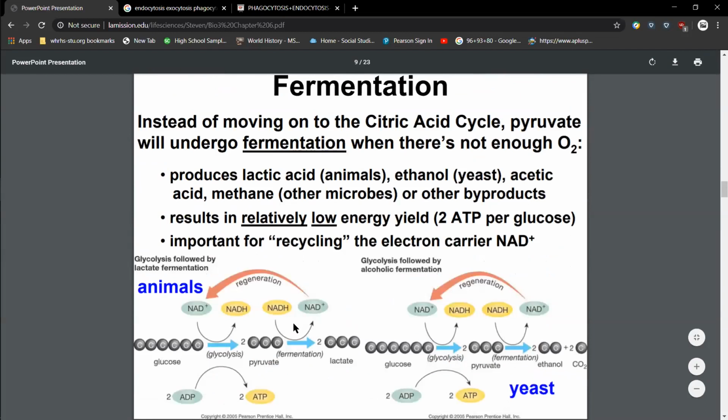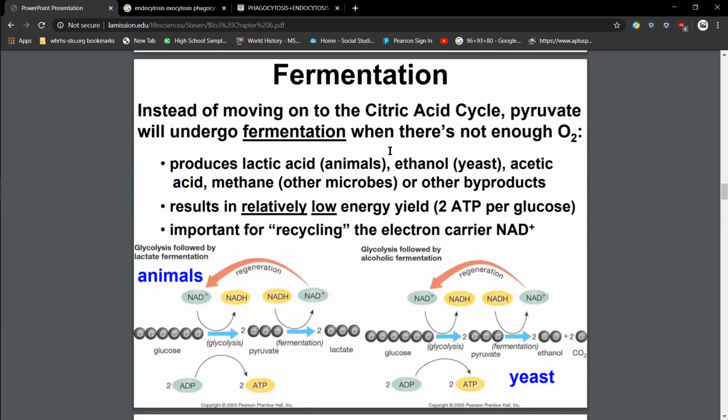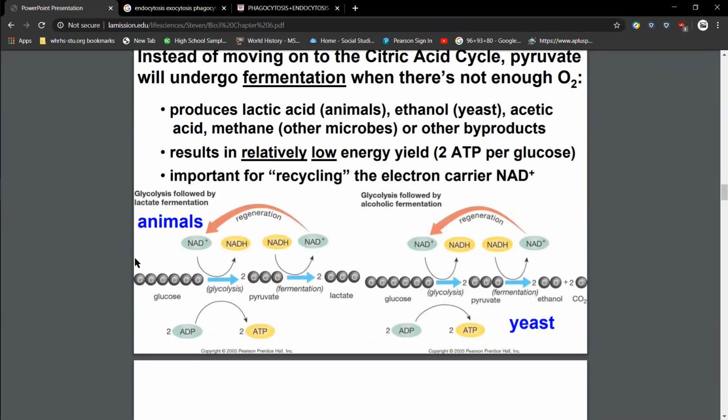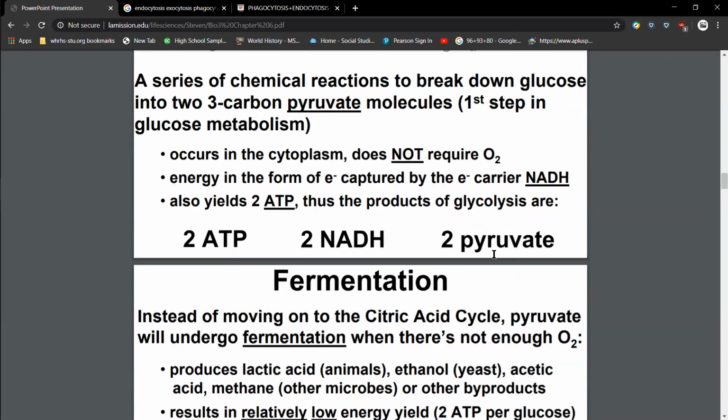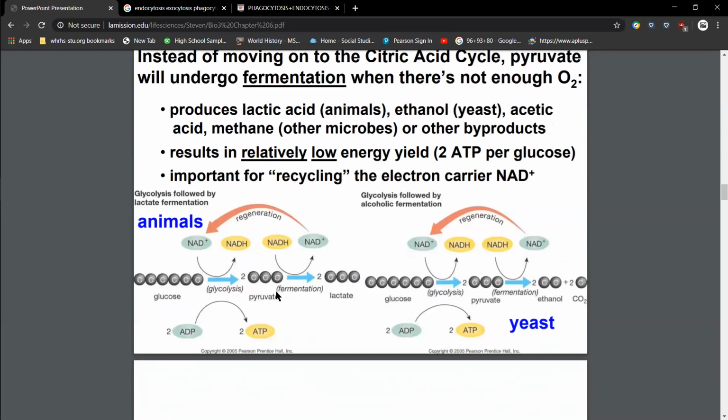But the important thing about fermentation is this step. They define fermentation as the process after glycolysis. Some people define it as including glycolysis, but pretty much, the pyruvate, remember I said pyruvate was formed from glycolysis, gets turned into another product, and that is either lactate or ethanol. Yeast will turn it into ethanol, we will turn it into lactate.